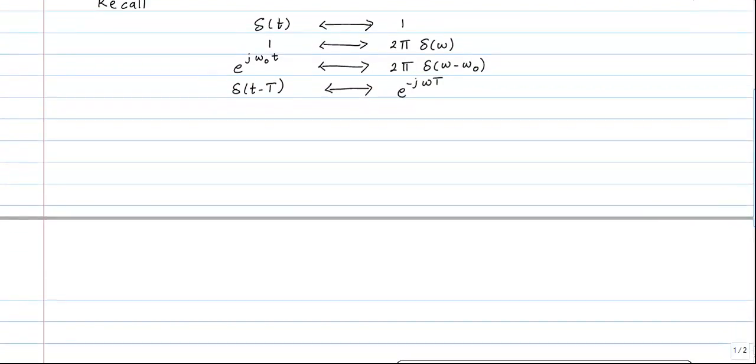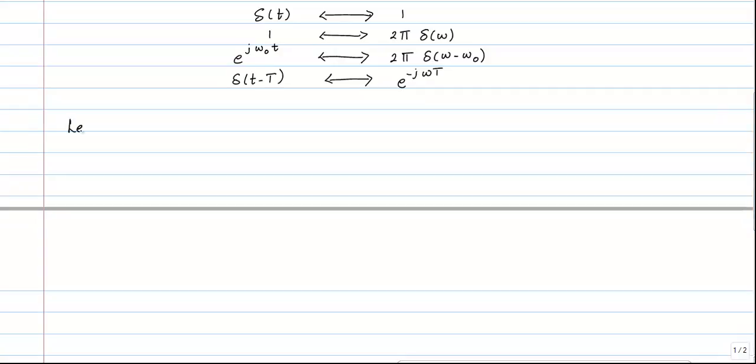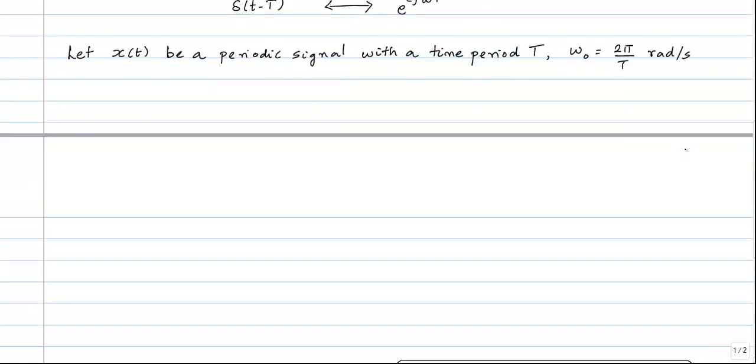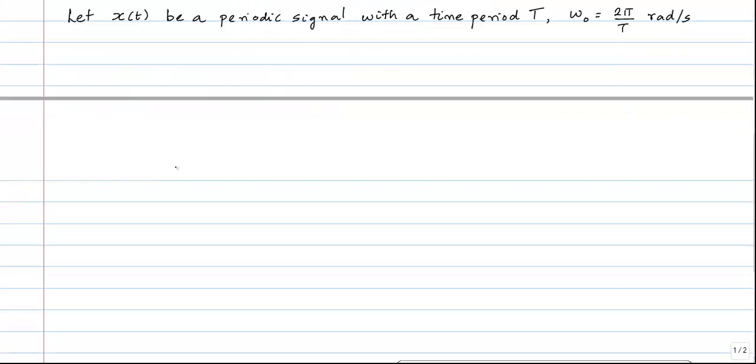let us say that we have a periodic signal x of t with a time period of capital T and fundamental frequency omega naught equals 2 pi over T. Now, we know that we can write a Fourier series representation for x of t.